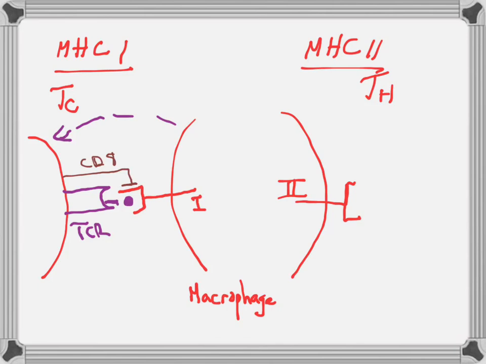It's basically orchestrating or telling other cells in the immune system what to do. And we'll come back to that again a little bit later. But their activation is somewhat similar to the activation of MHC1. On MHC2, the epitope might be completely different than the one found on MHC1.